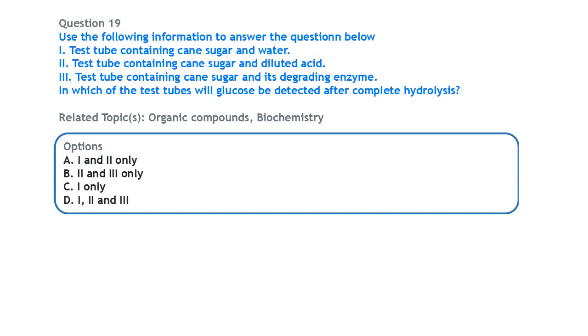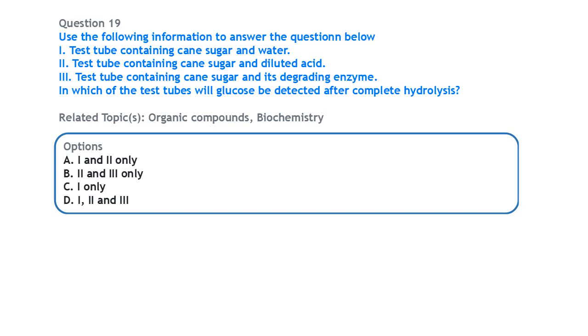Next, on organic compounds in introductory biochemistry. Use the following information to answer the question below. We have different test tubes: one containing cane sugar and water, another containing cane sugar and diluted acid, and a third containing cane sugar and its degrading enzyme.